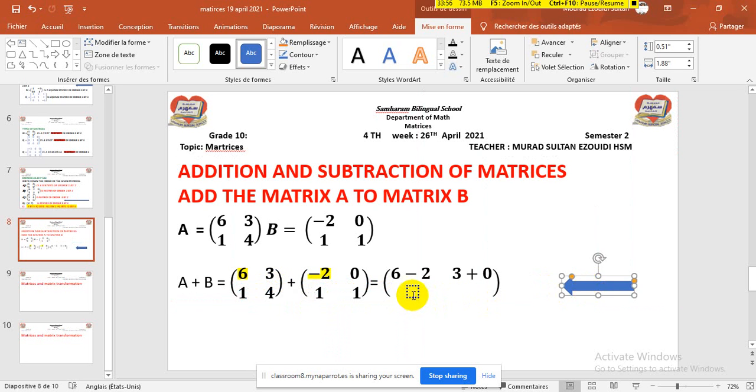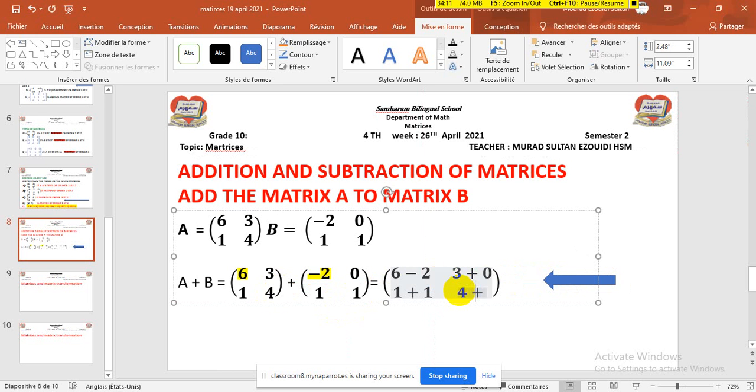It will be 1 plus 1. Then the second row, second column plus the second row, second column. It will be 4 plus 1. Then I will calculate it, just calculation. It will be equal to another matrix.